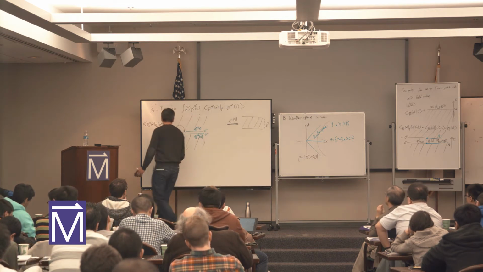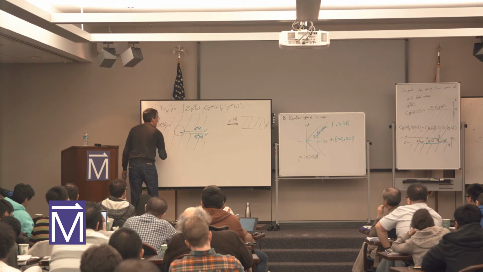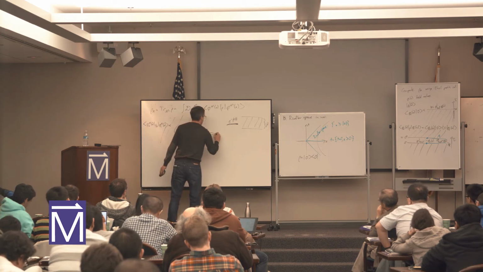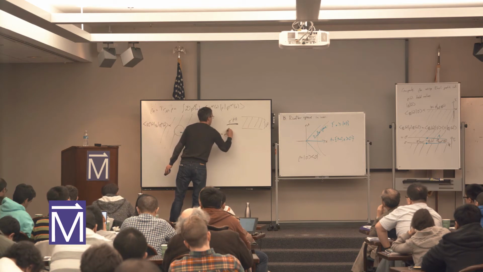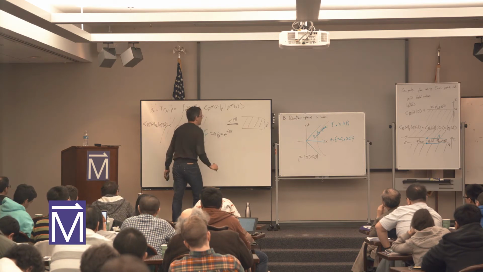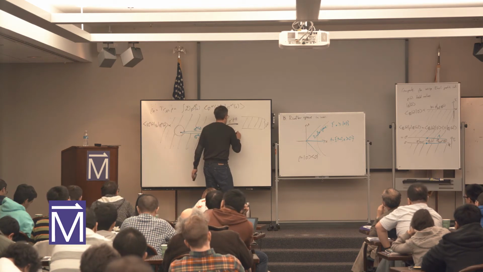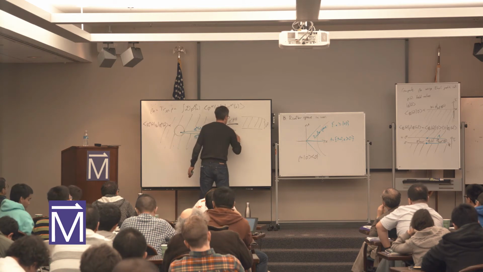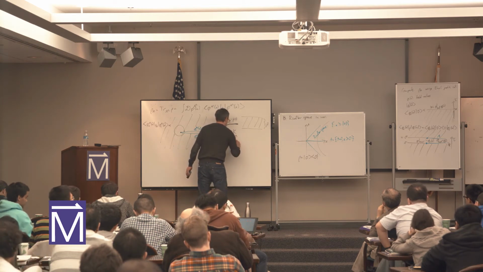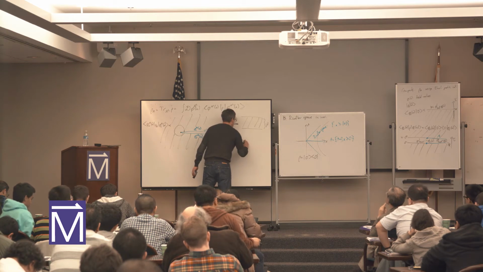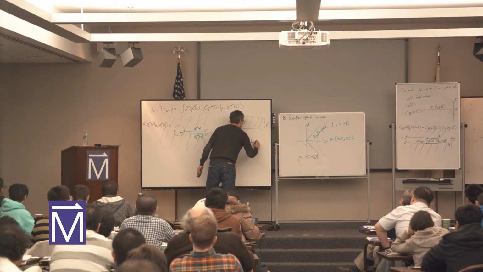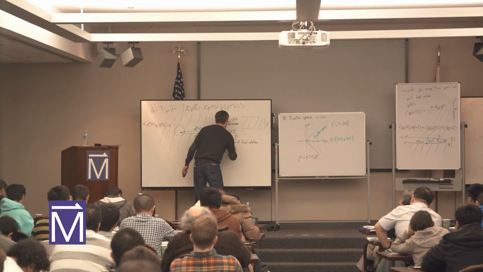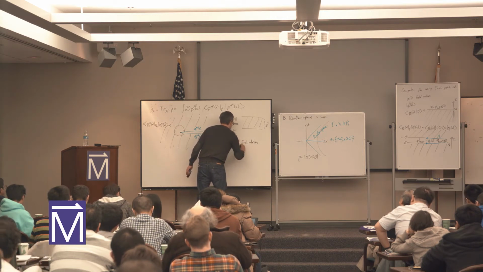So this implies that rho sub A is e to the minus 2 pi K, where K is the generator of Euclidean rotations, which is the same as the generator of boosts.